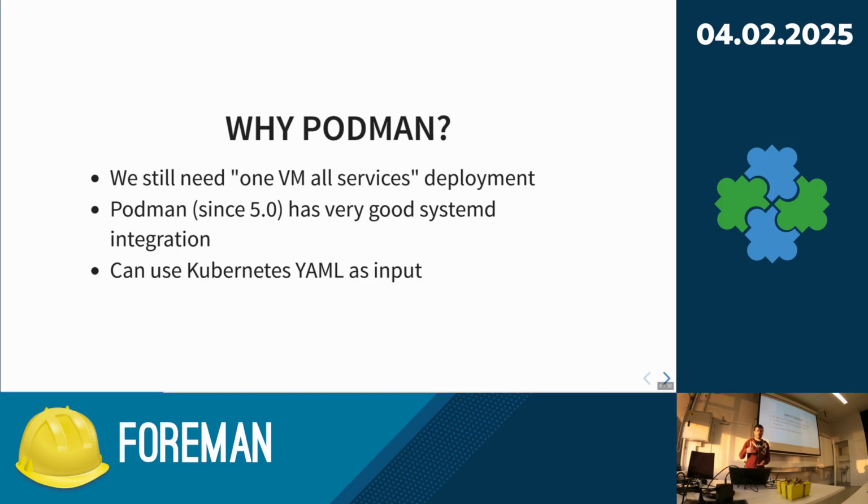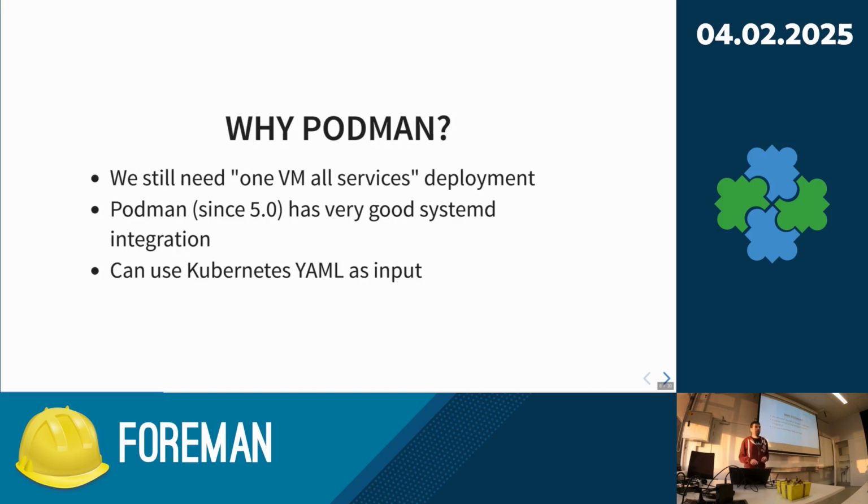And just for completeness, we need Podman 5.0 because that's the one that has the good systemd integration, and it is already in CentOS. It will be in Debian 13, and it will be in Ubuntu 24.10, so soon. We're not going to change this tomorrow, so we should have plenty of time for the tech stack to settle on that one.